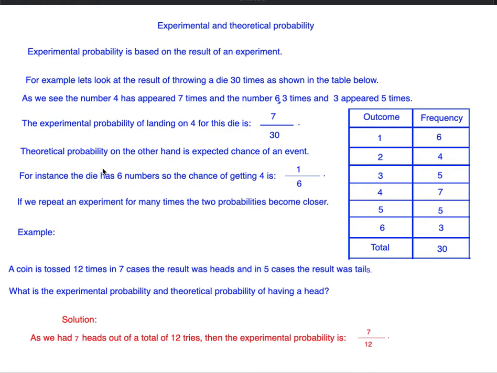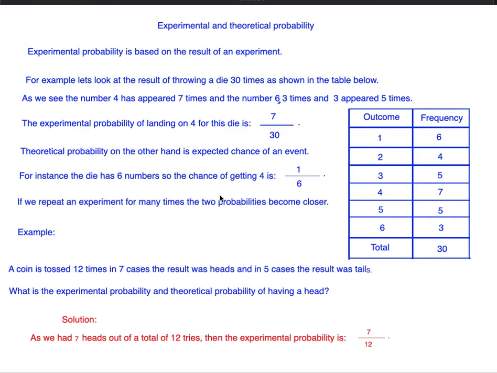So if we look at the theoretical probability of landing this die on 4, we would reason that as we have 6 numbers on a die, on a regular die, you have all the numbers from 1 to 6. So there is a total of 6 numbers. And 4 is only one of them. So then the theoretical probability will be 1 out of 6.